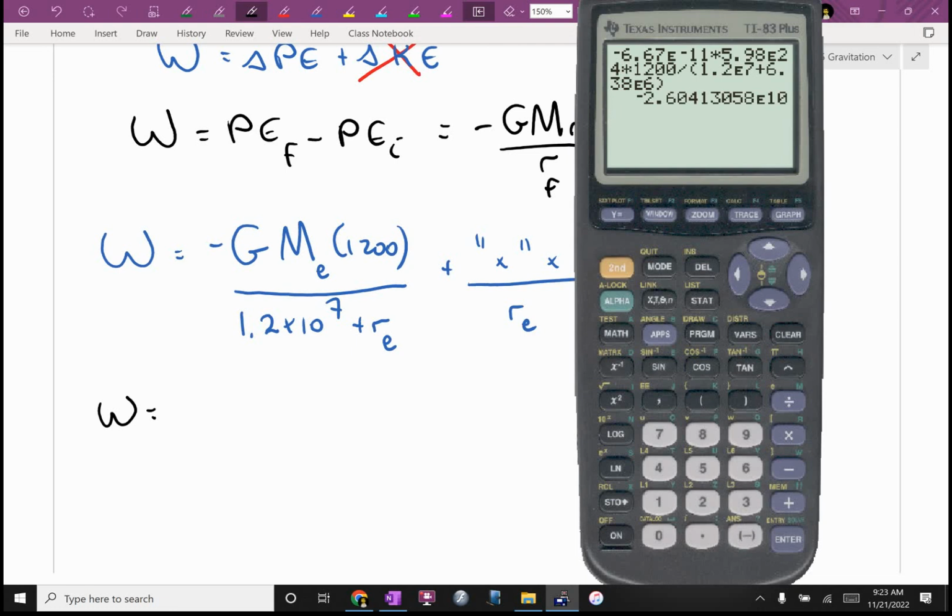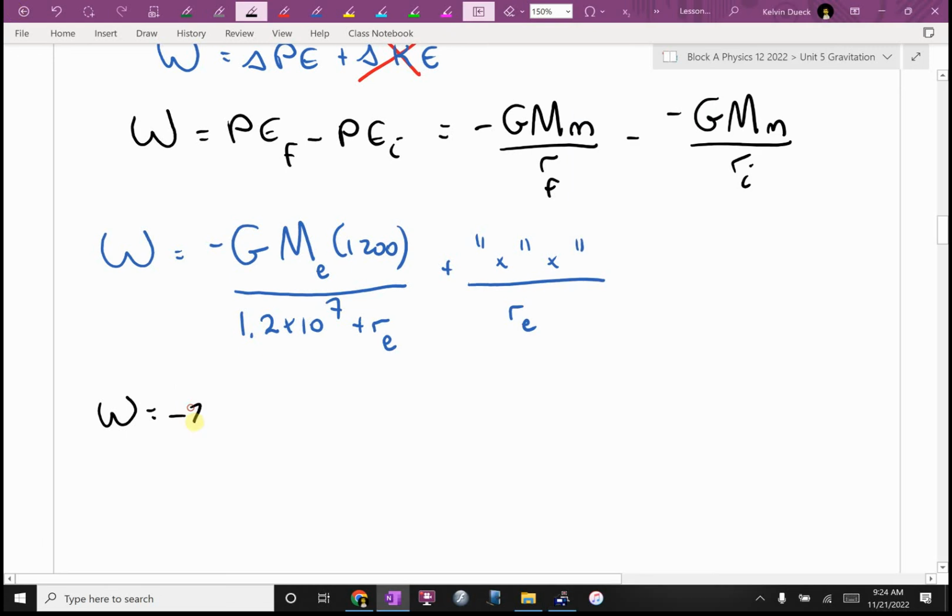I'll carry 5 sig. Basically, I carry 4 or 5 sig figs to guarantee that when I combine everything at the end, I'm good to 3 sig figs. So negative 2.6041. Write that one down. And then drop the plus sign down.